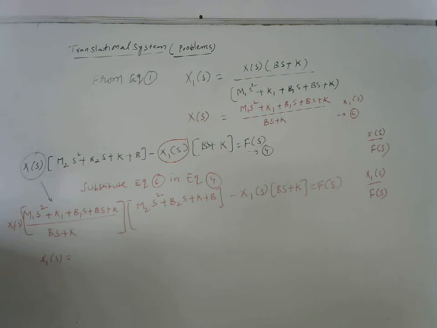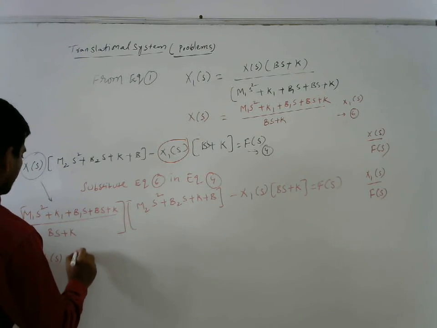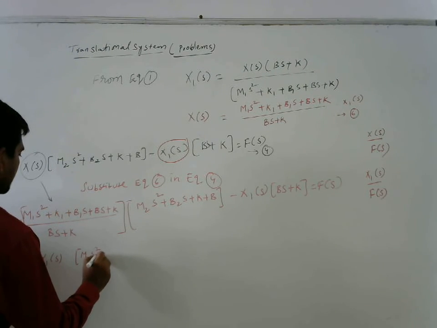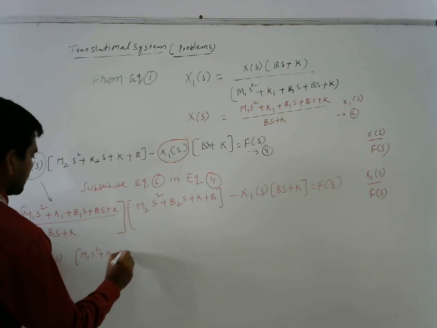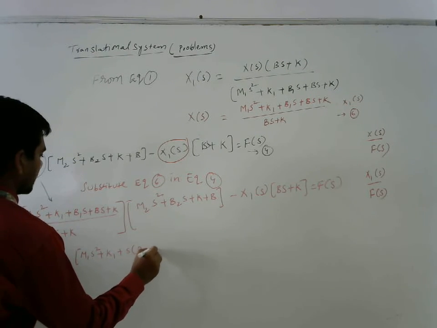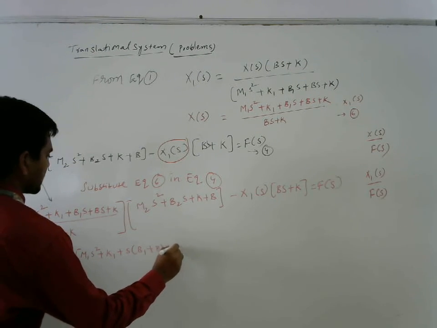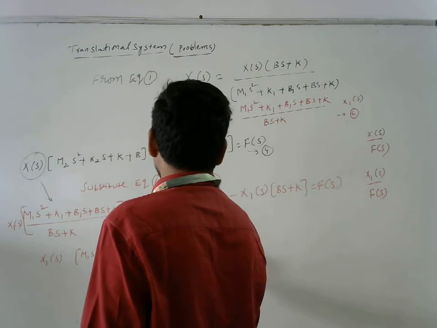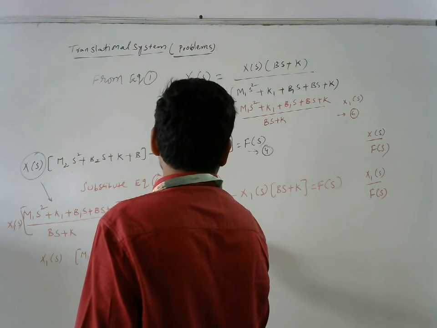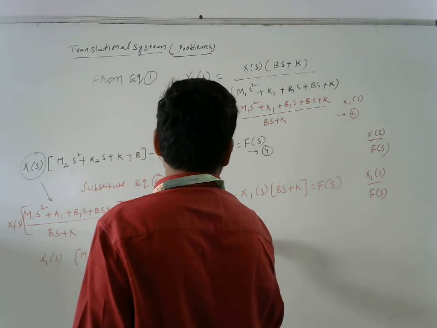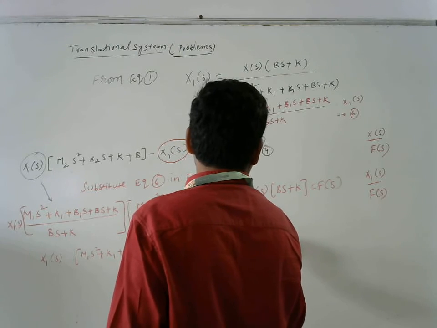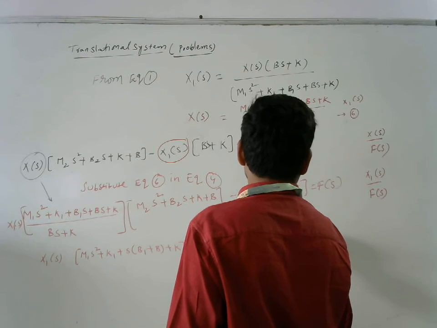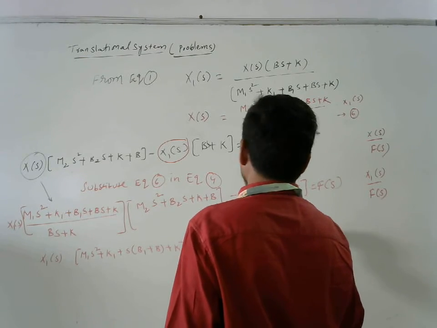Then what we have is m1 s square plus k1 plus s into b1 plus b plus k, with simple cross multiplication, minus (bs plus k) whole square.